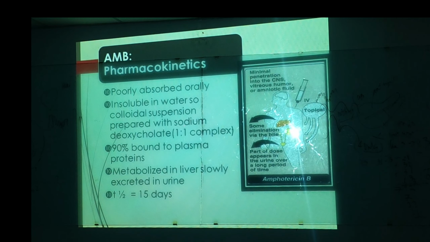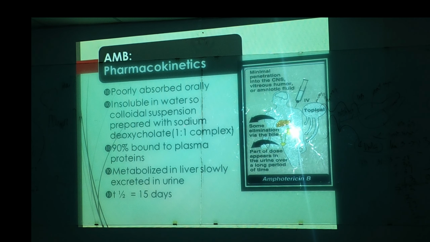Okay, for the kinetics of amphotericin B, it is poorly absorbed when given orally, so it is given topically or intravenously. It is insoluble in water, so it is a colloidal suspension of amphotericin B, prepared with sodium deoxycholate in a 1:1 ratio.